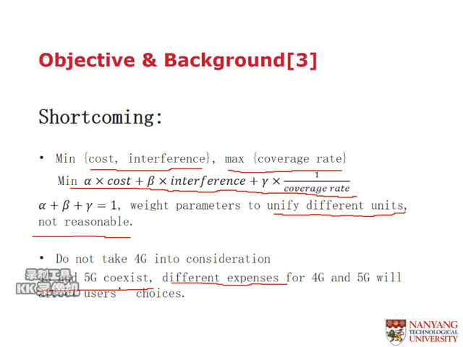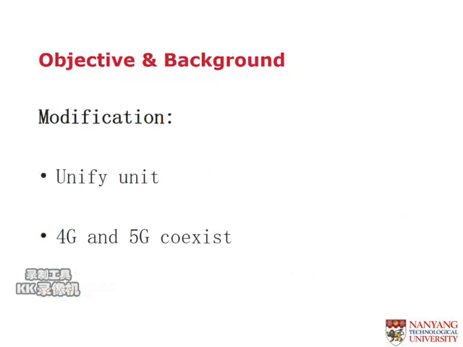And the deployment of 5G is not an overnight establishment, but a long-term process. So the modifications we want to make are to unify units in the objective function and take 4G into consideration.